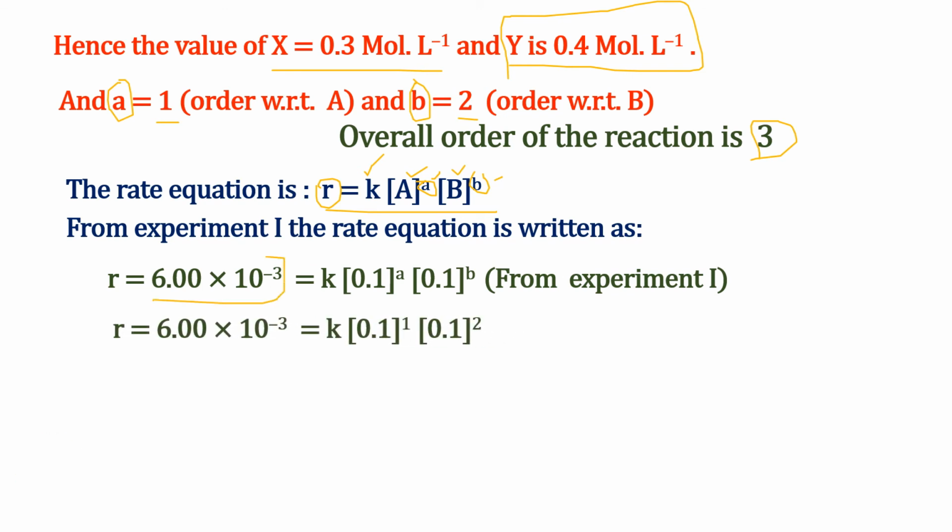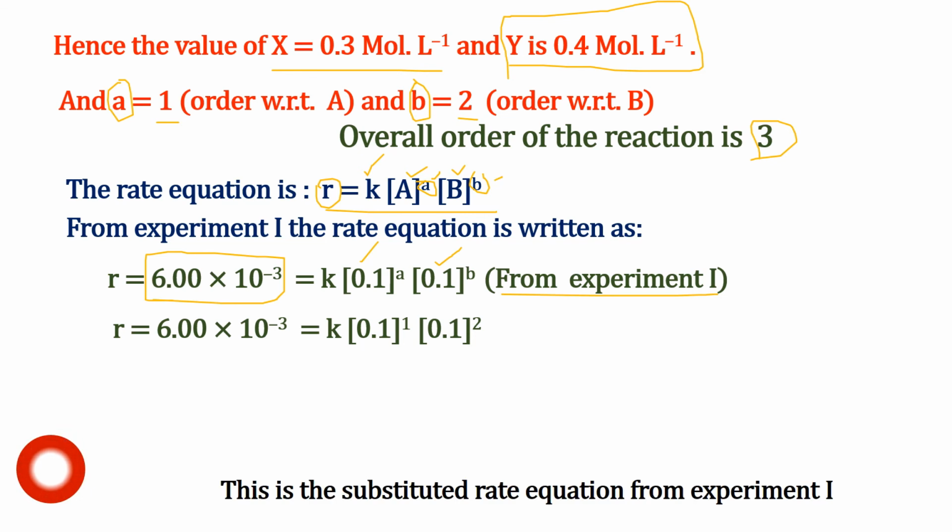This is the rate of the reaction for experiment number 1, and the concentration of A is 0.1 and the concentration of B is also 0.1. Just refer to the table again. This is based on experiment number 1.